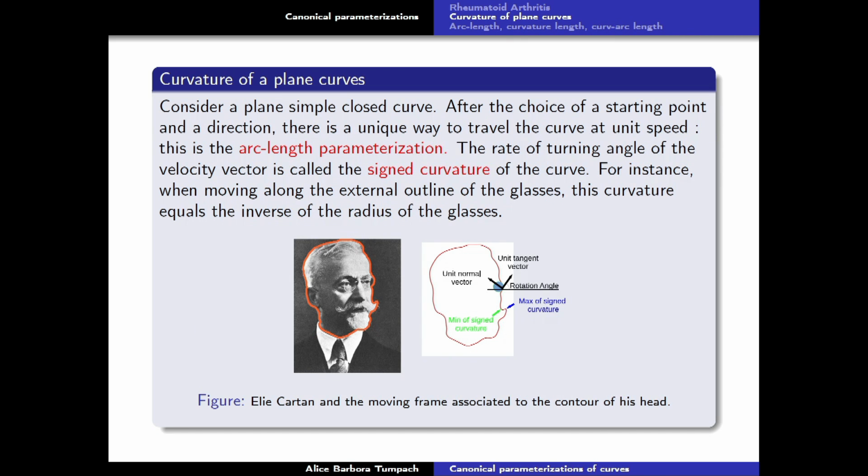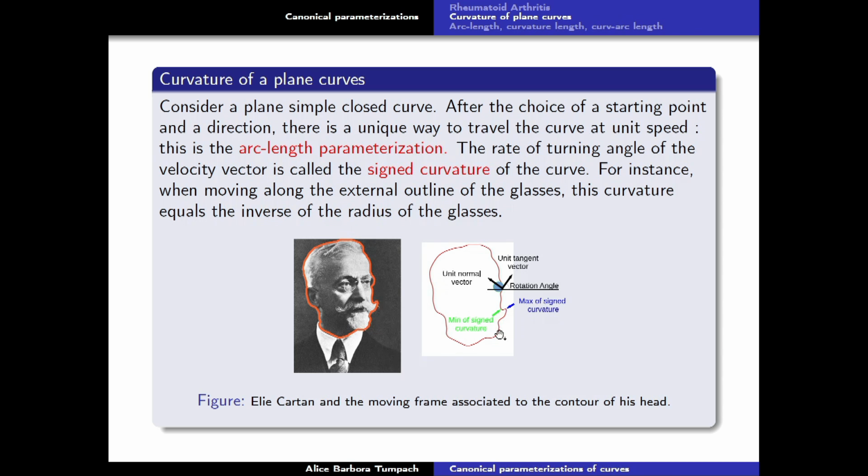So let me recap what the curvature of a plane curve is. You can start with a curve. Here it's the face of Elie Cartan. If you look at the contour, it's this red curve. You can parameterize it by arc length, and you can compute the signed curvature, which is the rate of turning angle of the velocity vector when you follow the curve.